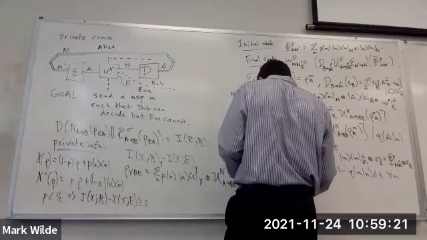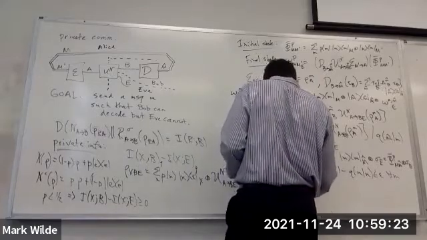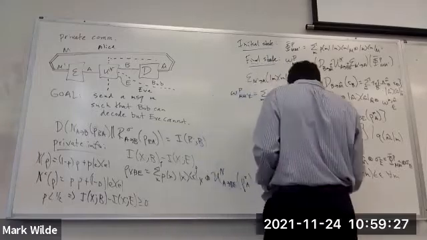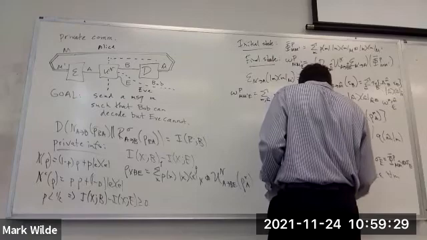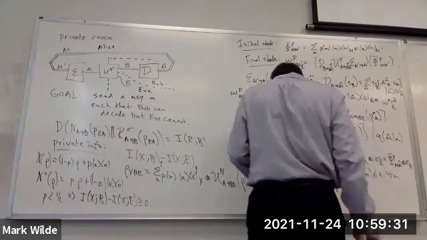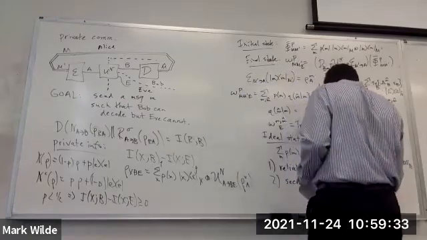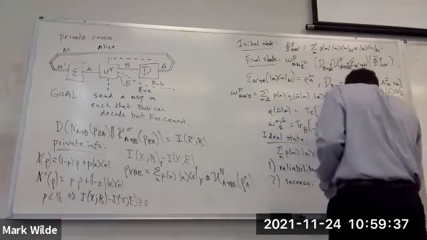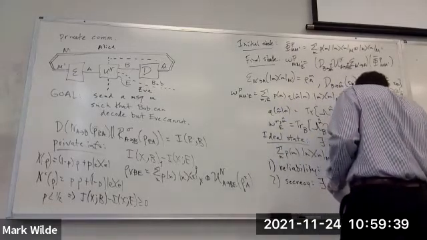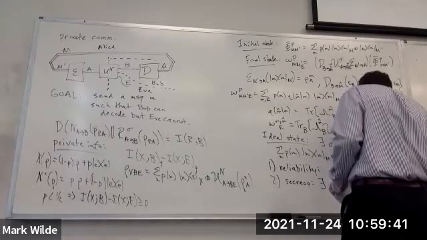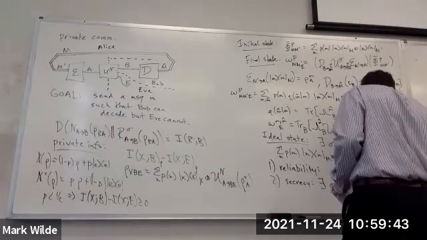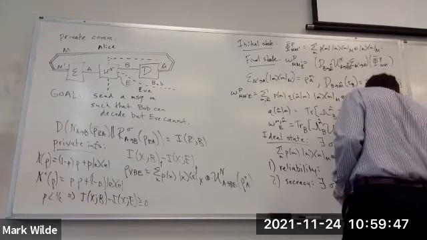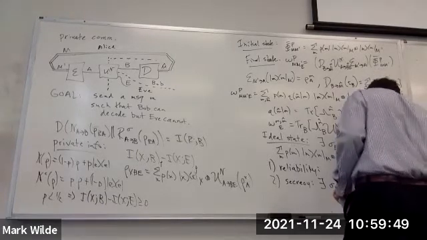Secrecy is this: there exists a state sigma such that the fidelity between sigma and the complementary channel acting on rho M A is greater than 1 minus epsilon. That should be true for all messages.